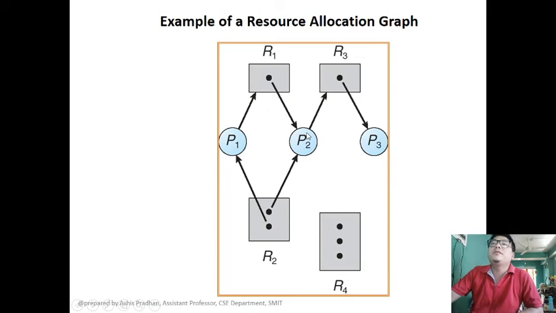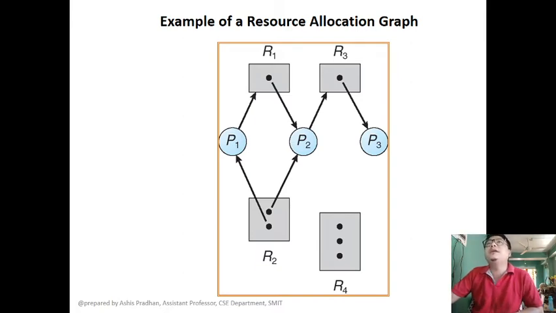Now one instance of R2 is assigned to P2 and it is requesting R3. Then one instance of R3 is assigned to process P3, and the resource R4 is not being used by any process. Looking at this snapshot of the system, you need to tell whether the system is in a deadlock state or not.